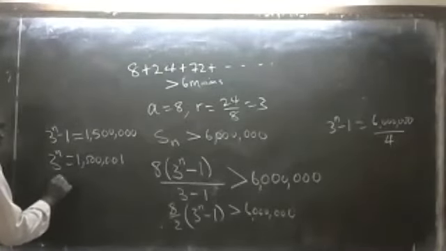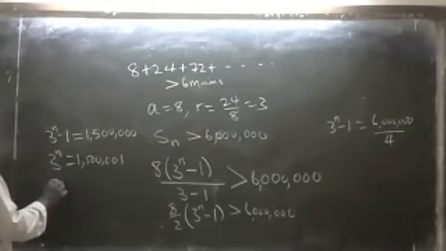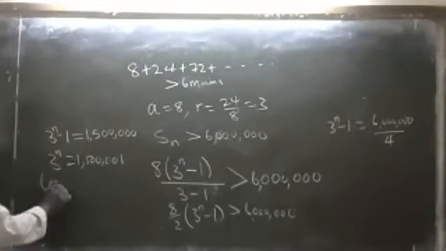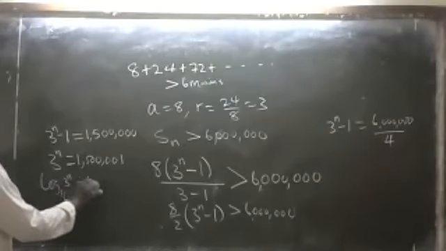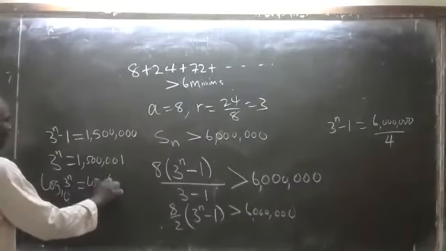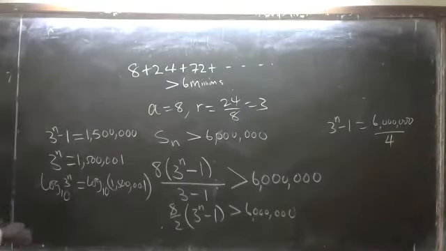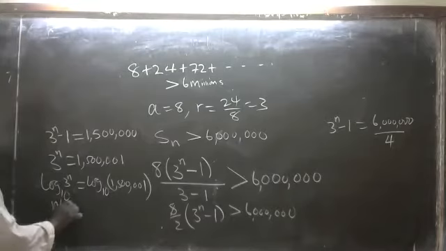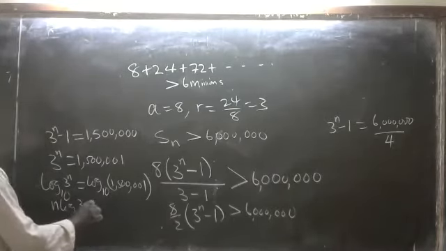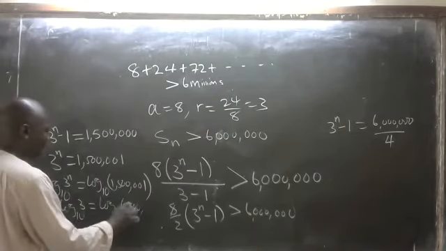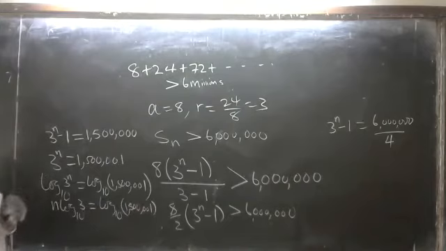Then use your calculator to find N. How do you bring in logarithm? Log base 10 of 3 power N, you will log base 10 of 1,500,001. Then we have N log 10 of 3 is equal to log 10 of 1,500,001.